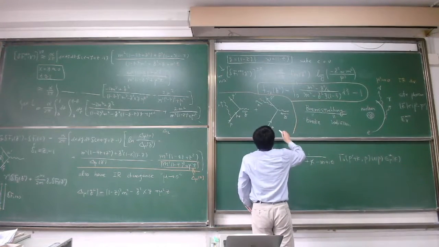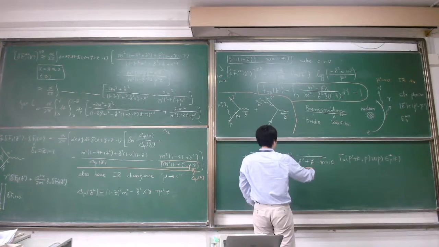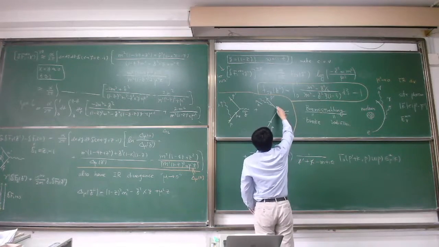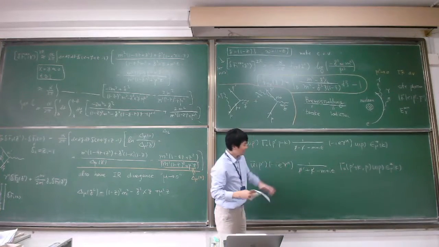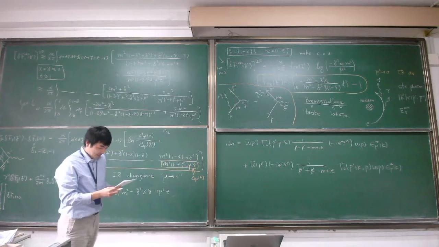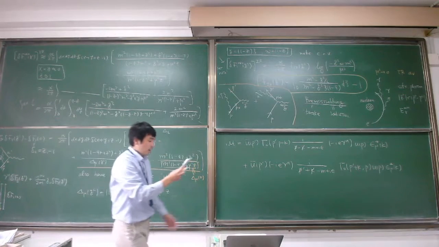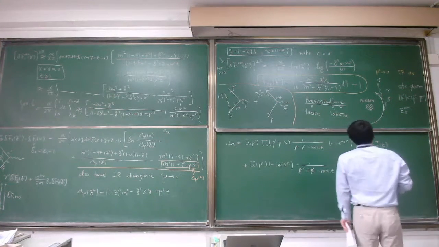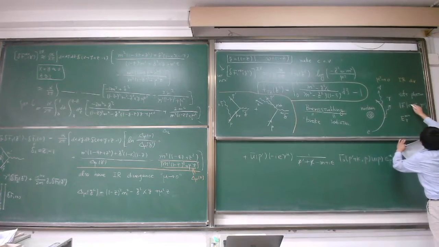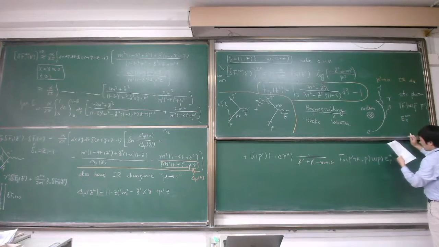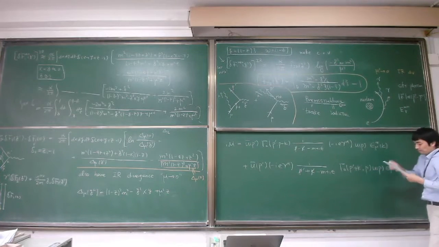So here this should be p prime plus k. So therefore the second diagram is this one. Okay, and now if you use this approximation, k much less than p, this is an assumption.